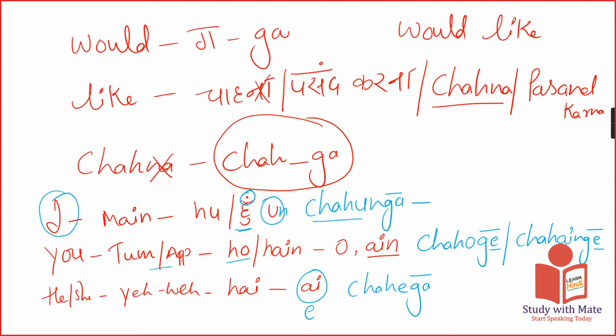For you, it is chahoge when you are using तुम, without the n. And in chahenge you need to use हैं. These three things: a, n, and then ge: chahenge.